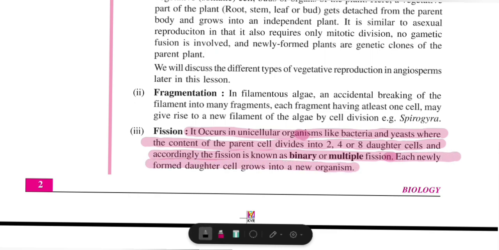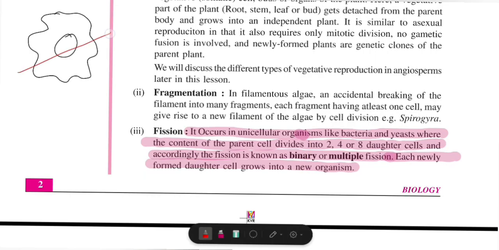So now suppose I have here some sort of a bacteria. What happens to this bacteria? Here a breaking of the content of the parent cell occurs. The content of the parent cell divides.